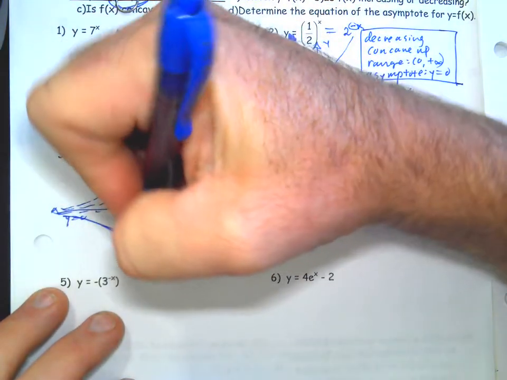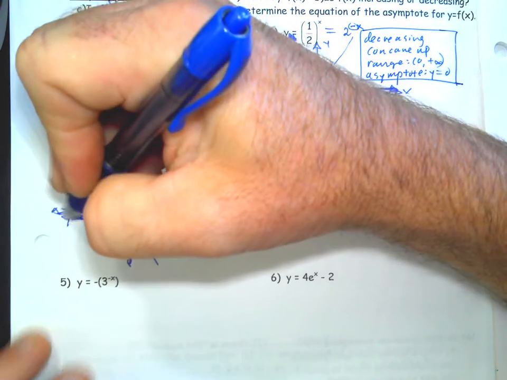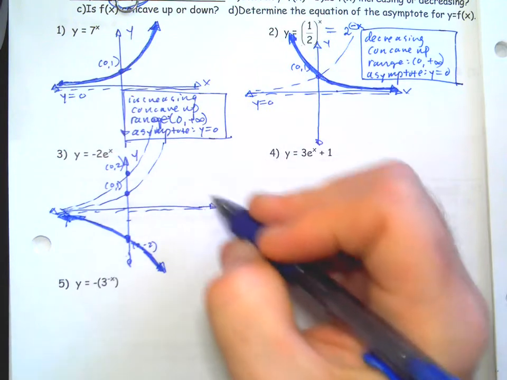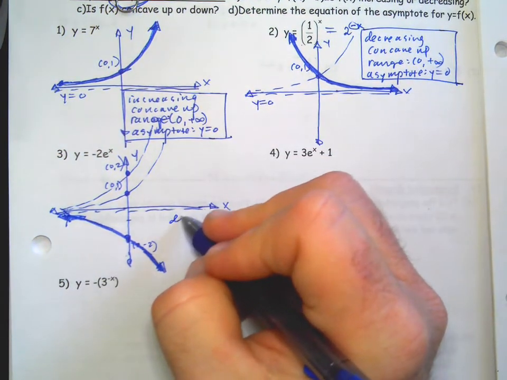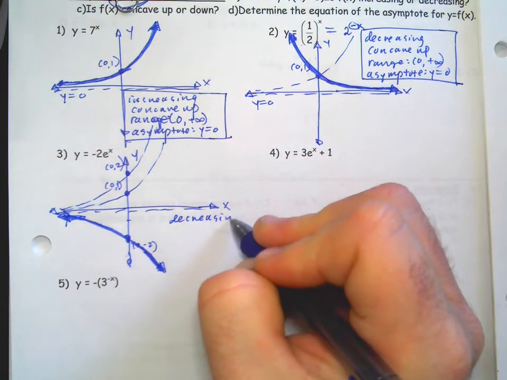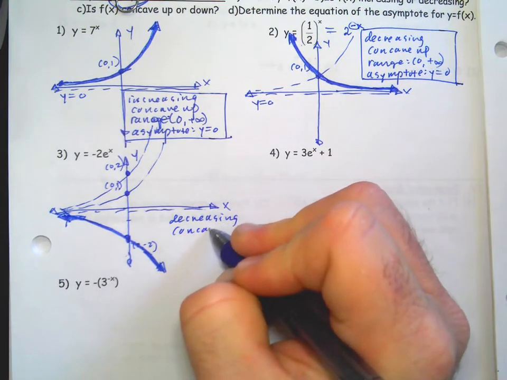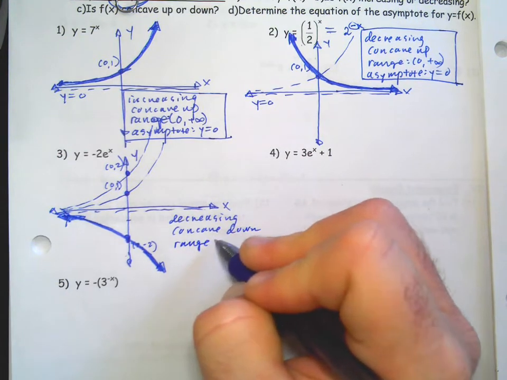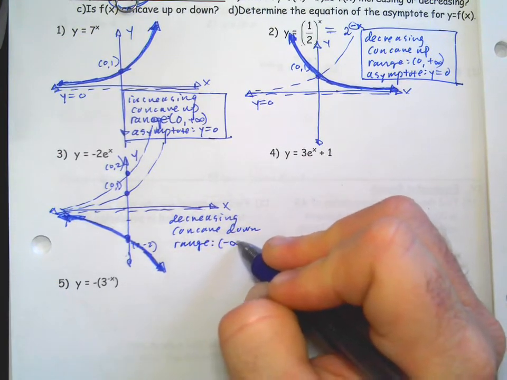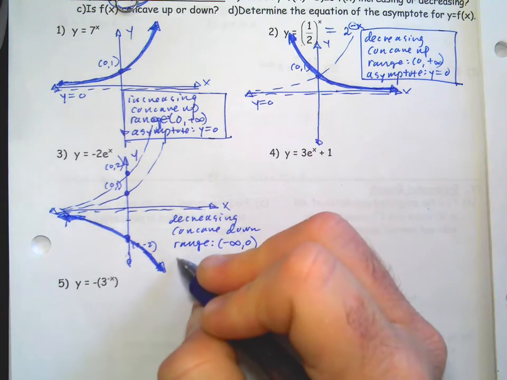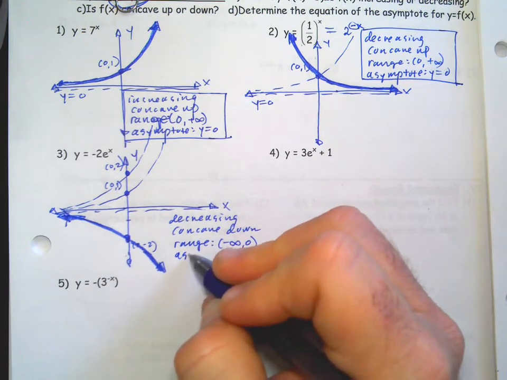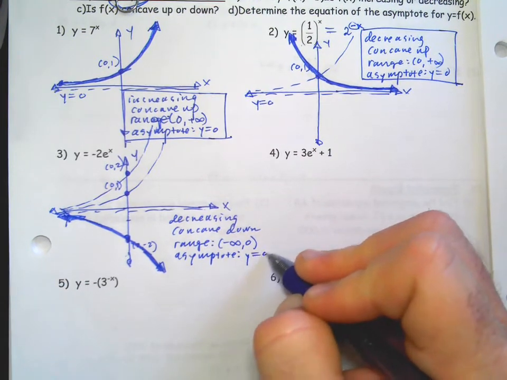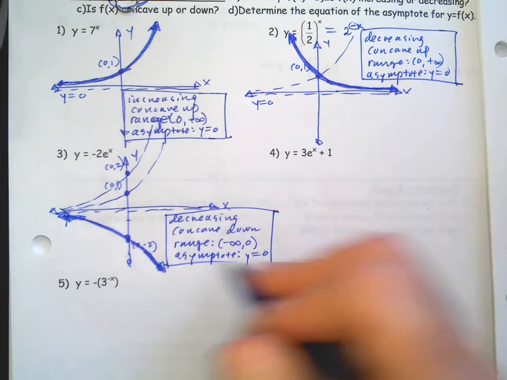The final answer looks like this. All right, so that is decreasing, concave down. Range is negative infinity to 0. You want to start smallest to biggest, so don't do 0 to negative infinity. Asymptote is y equals 0. So there we go.